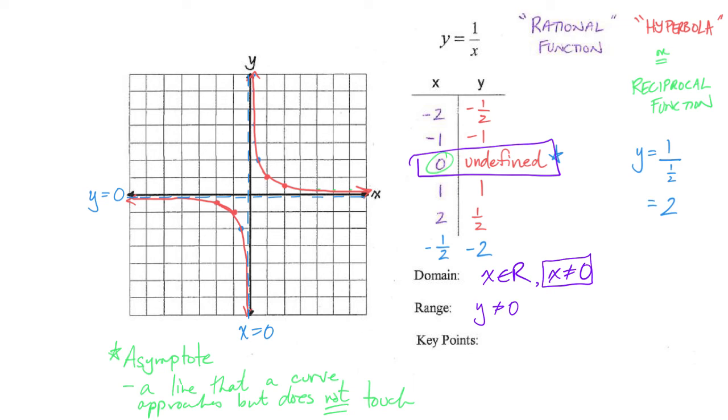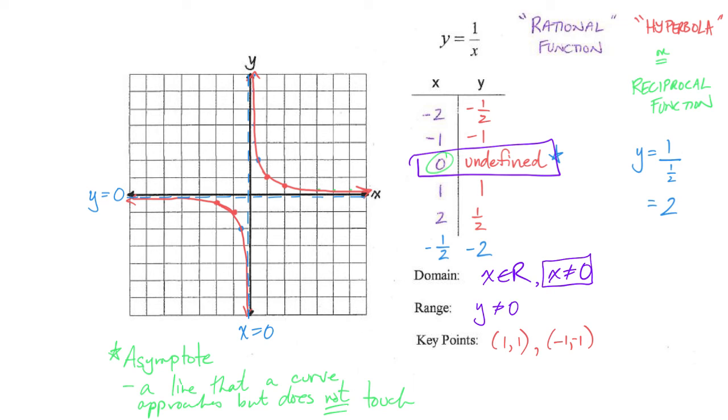We know our curve exists everywhere except for those values. What are the key points that we should use in this case? Well, for us to get down our key points, I would hope that we use that 1, 1 and the opposite point on the other branch of that function.